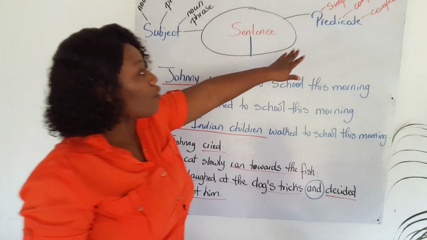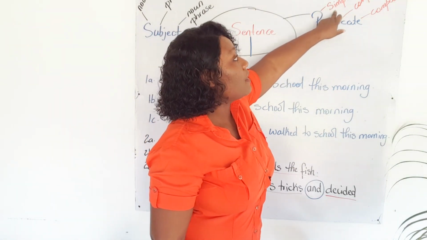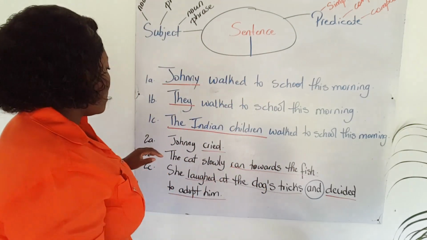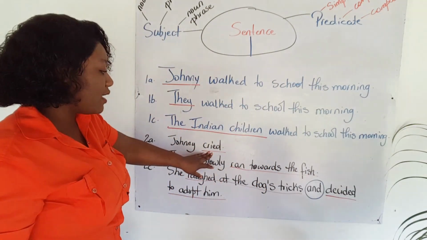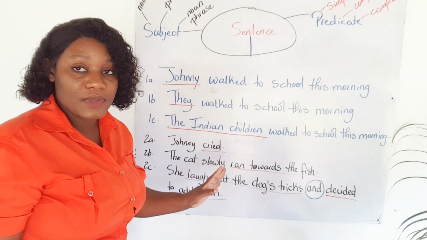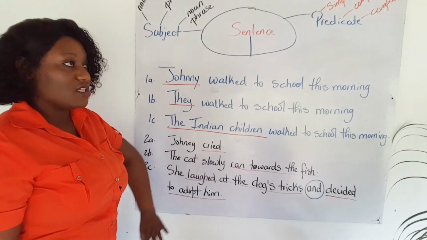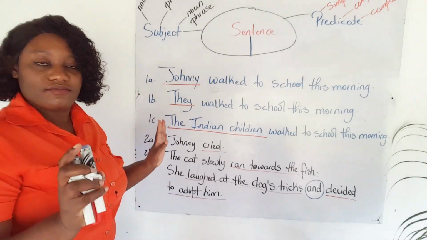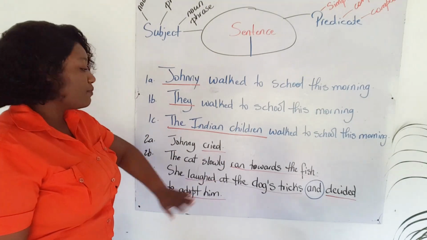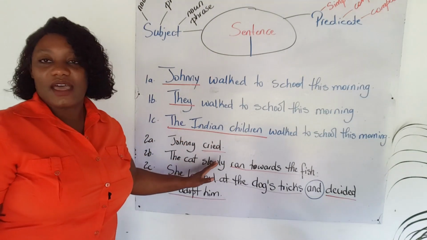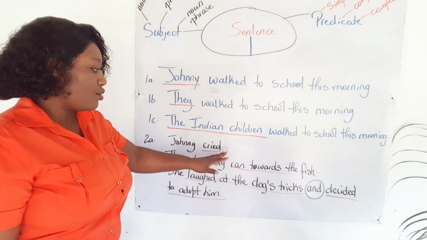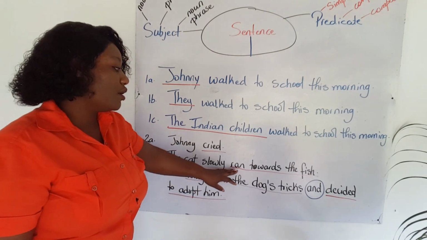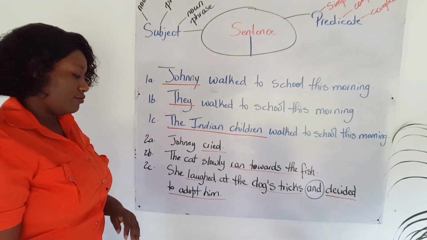All right? Our predicate can be simple, complete, or compound. Simple predicate, cried. It is simple because it is just the verb. It's just our subject and our verb that is there. So it is simple. The cat slowly ran towards the fish.